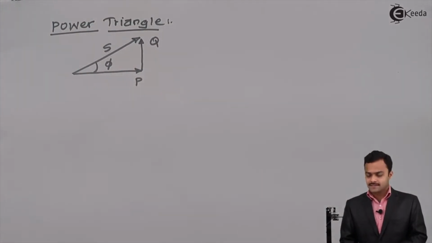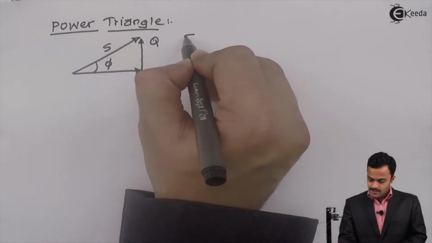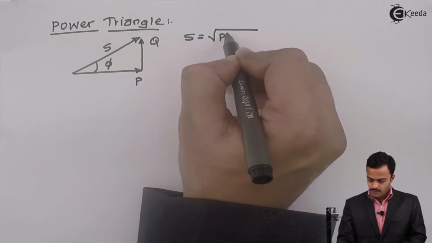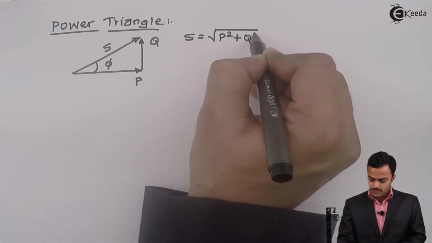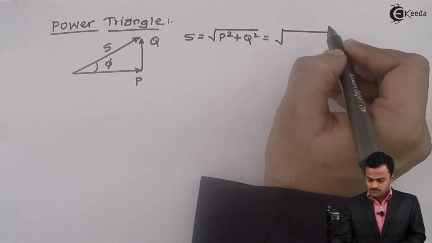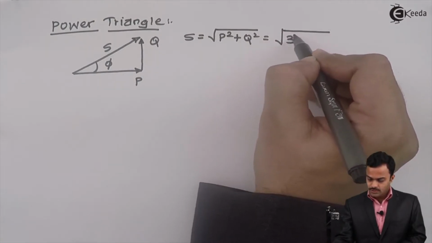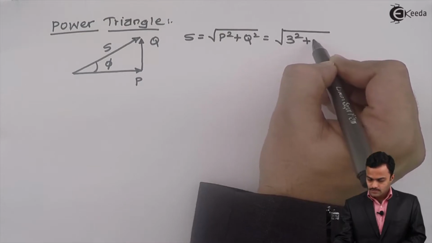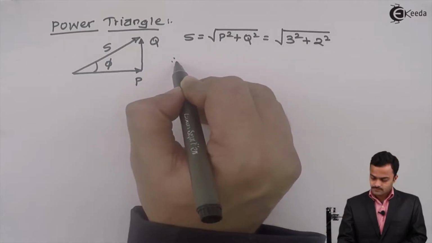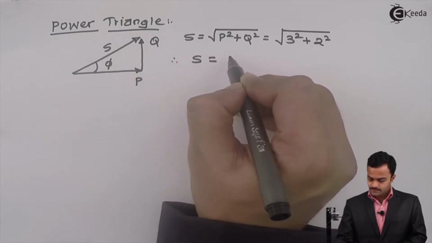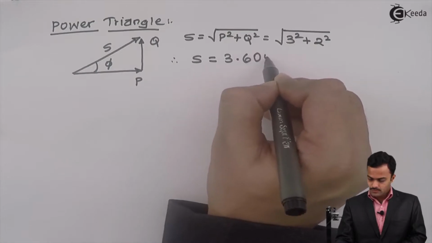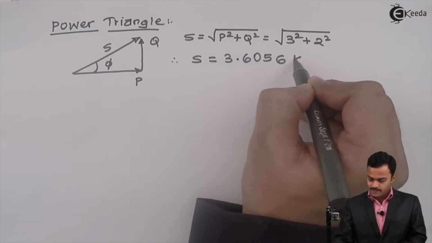So from this I can say S equal to root of P square plus Q square. So it's equal to root of 3 kilowatt square plus 2 kVAR square. So that will be 3.6056 kVA.